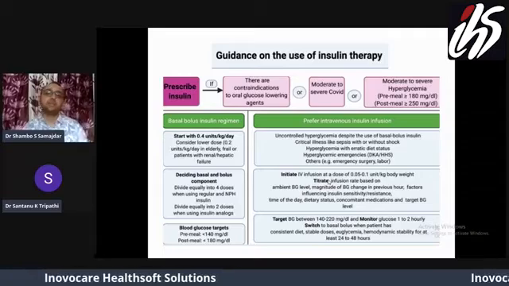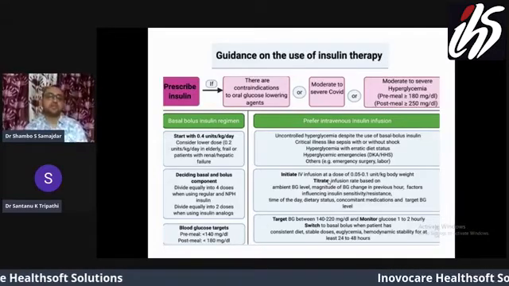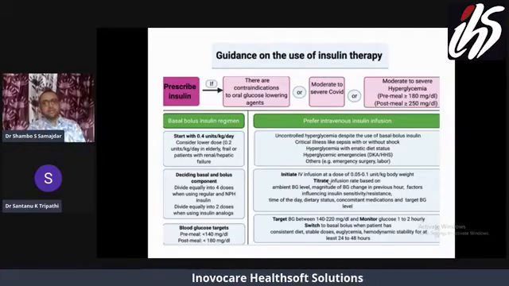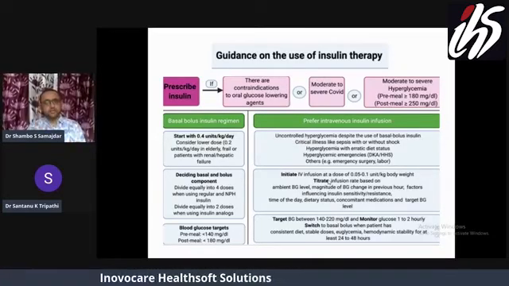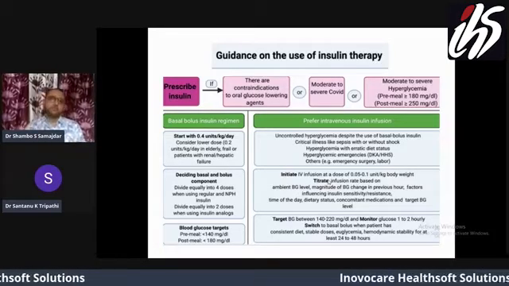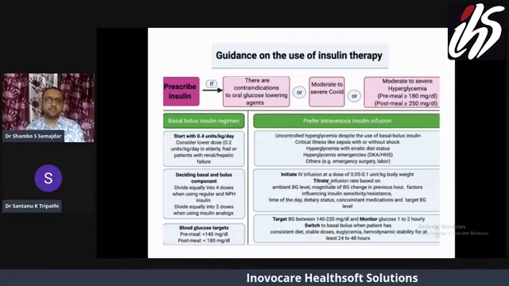That means pre-meal more than 180, post-meal more than 250. Now, I think all the patients who are being admitted in our hospitals are suffering from moderate to severe COVID. So ideally, as per the guideline, they should fit in this insulin therapy group.